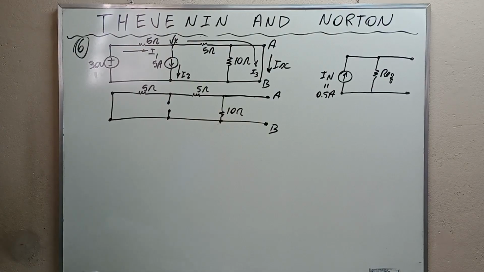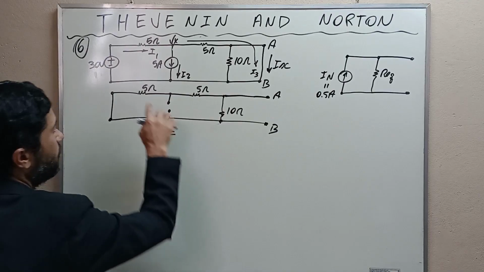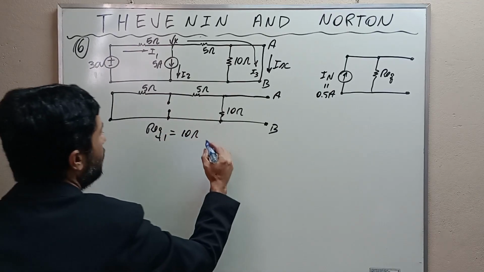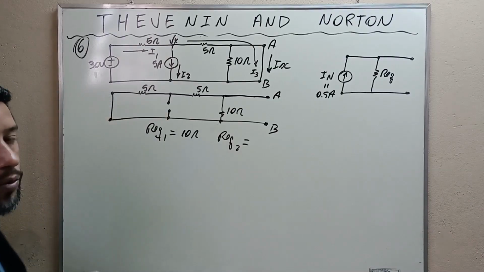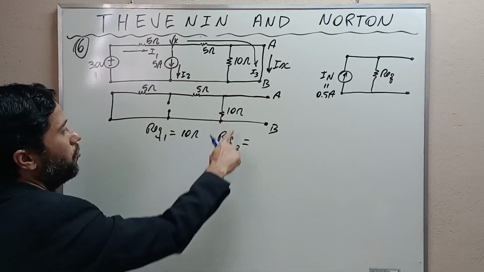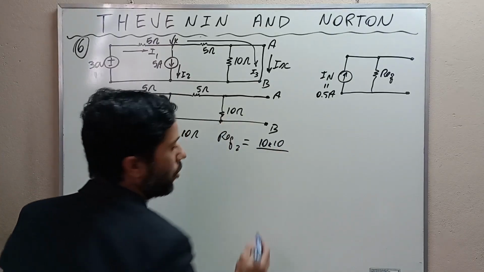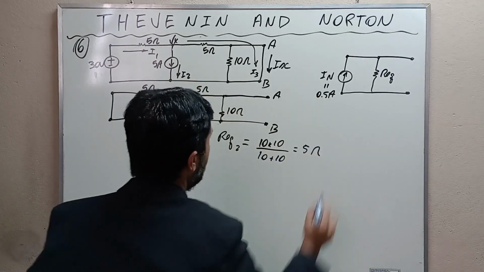Alright, my friends, the equivalent resistance number 1 is the series combination between these two, and this is 10 ohms, and the equivalent resistance number 2, the total equivalent resistance, is the parallel combination between these 10 ohms and these 10 ohms, and this is equal to the product over the sum, and this is equal to 5 ohms.